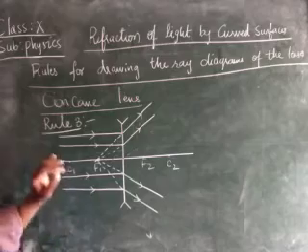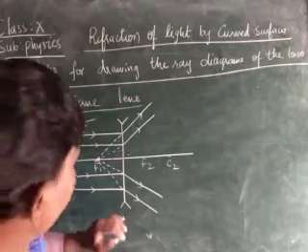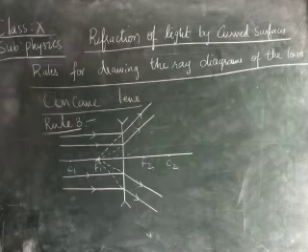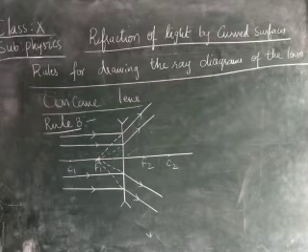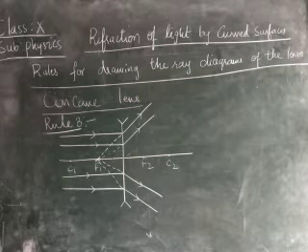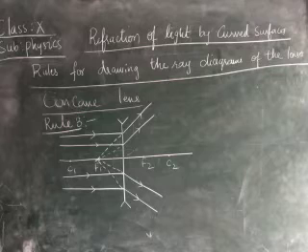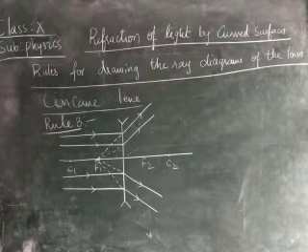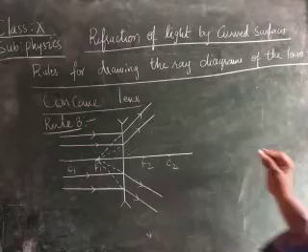Rule 3 says that when a light ray travels parallel to the principal axis, after refraction, it appears to meet at the focal point, children. Next, rule 4.